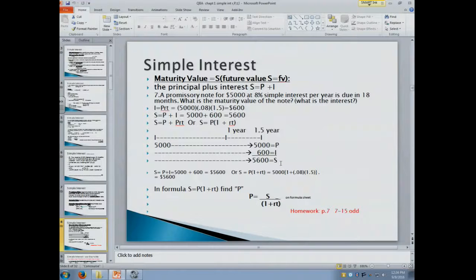I know that. So we have to pay back $5,600 total. So in this formula, we are going to substitute $5,000 for P, 1 plus our interest rate of 0.08, and our time is 1.5 years. So if we use this formula, we owe at the end of 1.5 years $5,600.